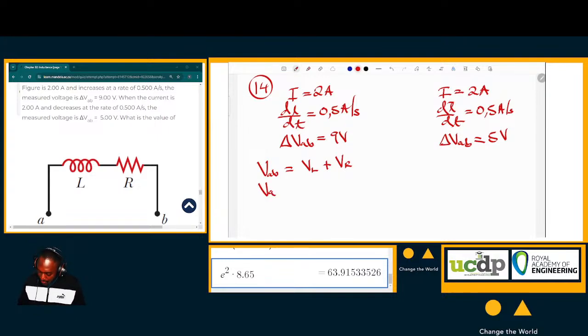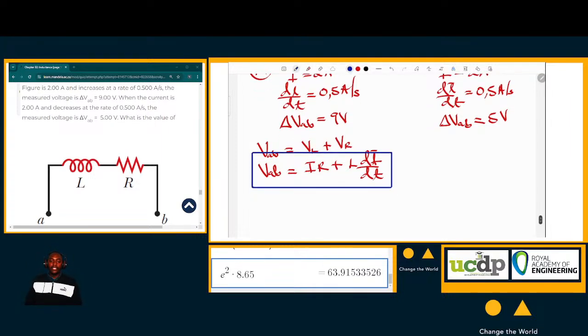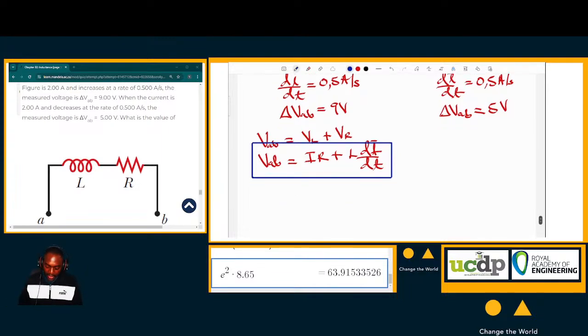Which means V_AB will be equal to I R plus L dI/dt. This is the most important thing in this question, to realize that the potential difference across AB is the sum of the potential drop across the inductor and the potential drop across the resistor. This applies in both cases; however, it depends on what is happening.